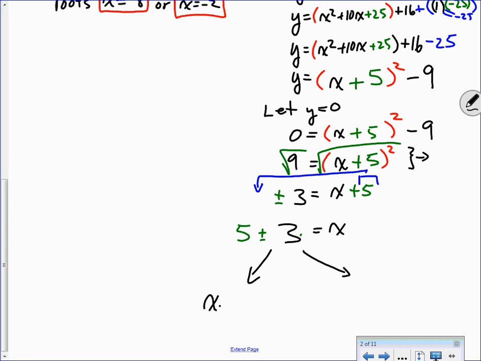So x is equal to negative 5 plus 3, or x equals, oh, sorry, got to go back here. This was plus 5 at the beginning, it becomes minus 5 here and minus 5 here. Minus 5 minus 3 here.